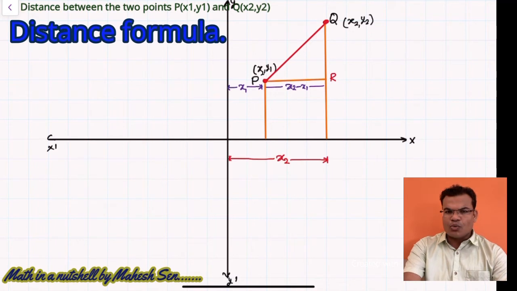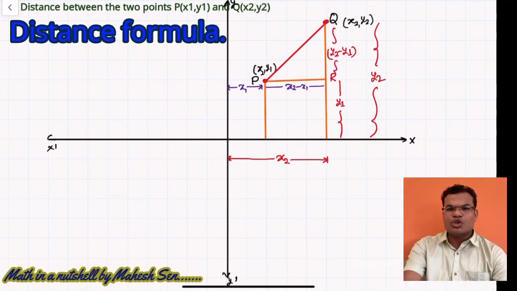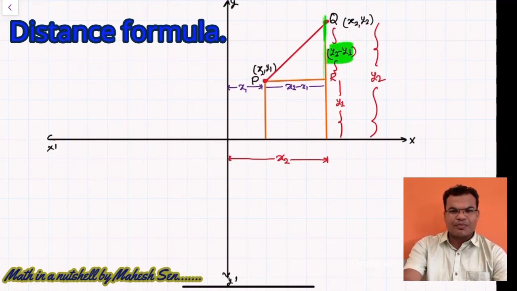Similarly, when we are talking about the y-axis, the distance from Q to the x-axis is y2, and from R to the x-axis is y1. So y2 minus y1 will be the distance between Q and R. So in this triangle the distance of PR is x2 minus x1, and the distance of QR is y2 minus y1.